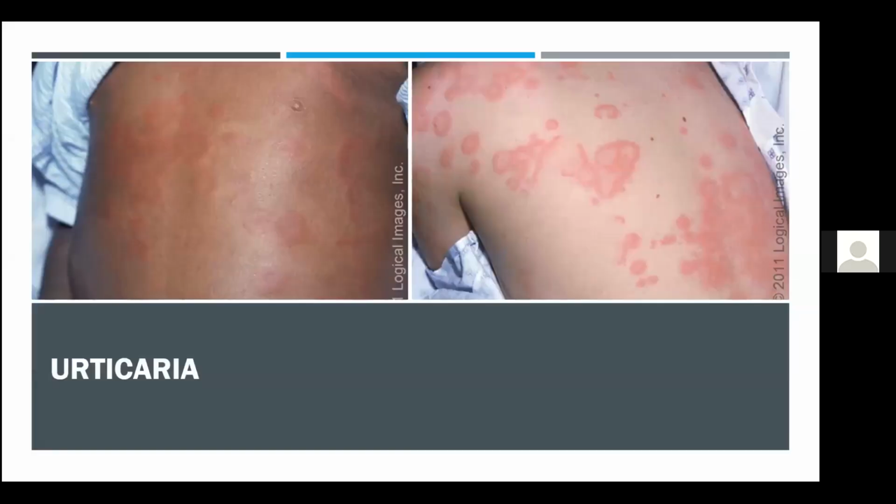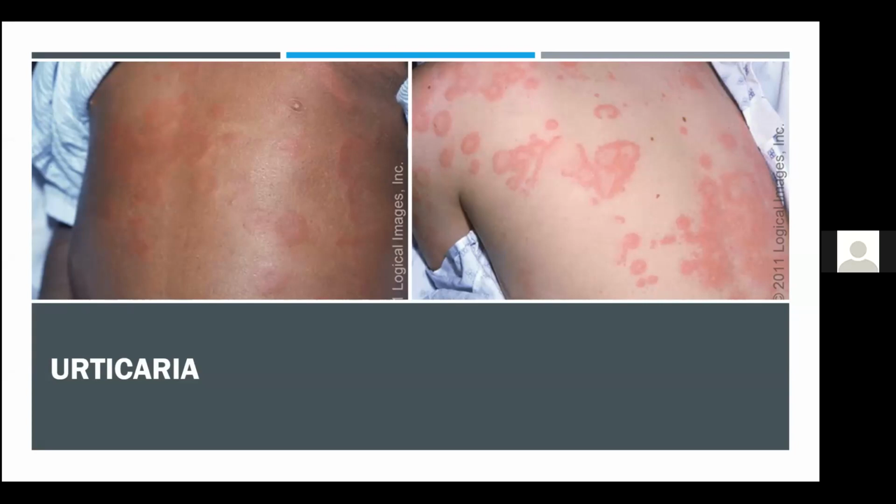Here are some pictures showing an urticarial rash, and the hallmark of this is that it's intensely pruritic. It's annular, edematous, mildly erythematous plaques, and they lack that central dusky or target lesion that you get with erythema multiforme. The individual lesions are also usually transient, lasting less than 24 hours.